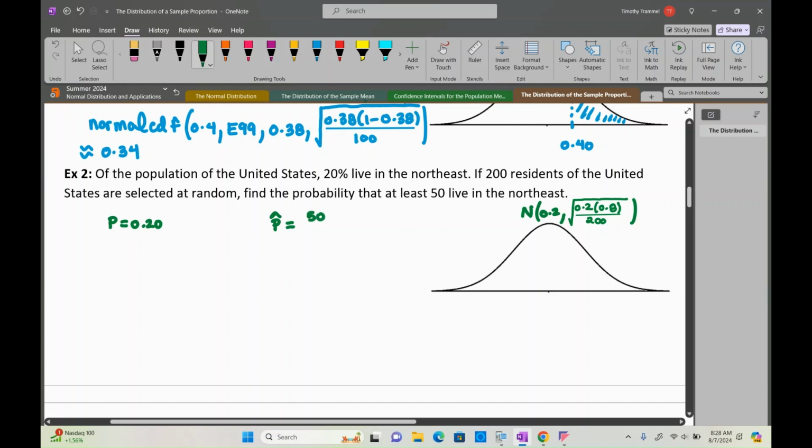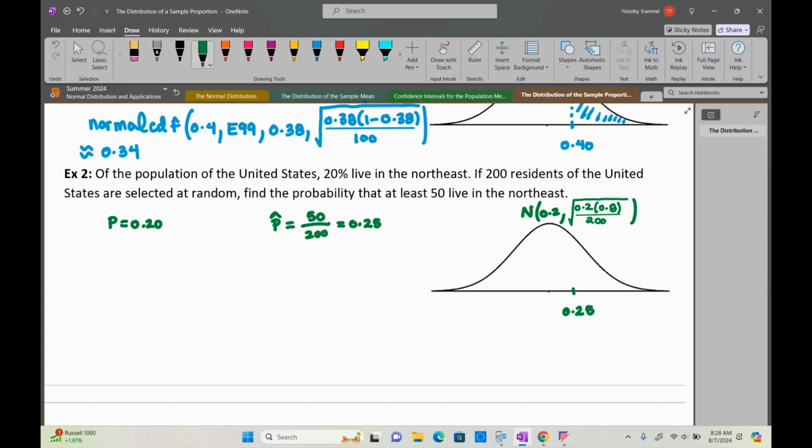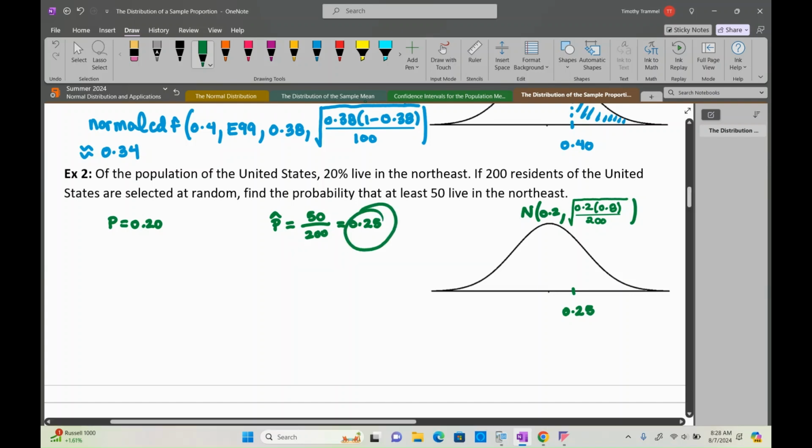Then p hat, our sample proportion, would be 50 out of 200, which is actually 0.25. So 0.25 is somewhere over here to the right of 0.2. We want the probability that at least 50 live in the Northeast, so a sample proportion of 0.25 or larger.